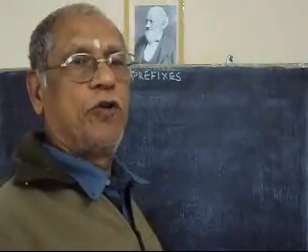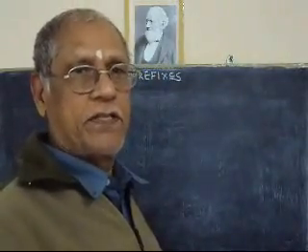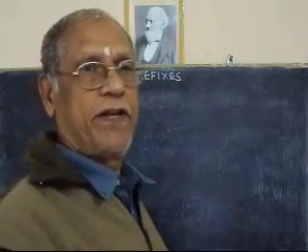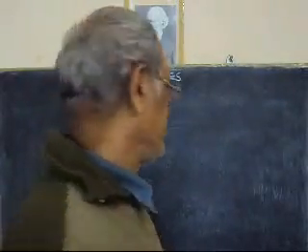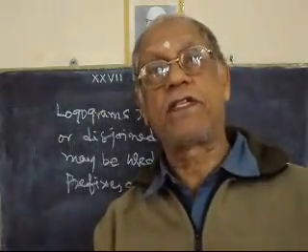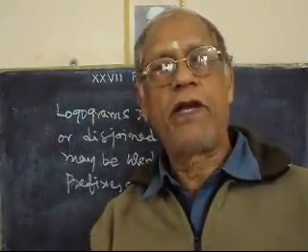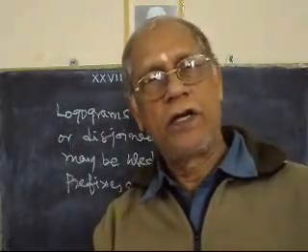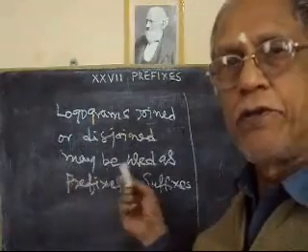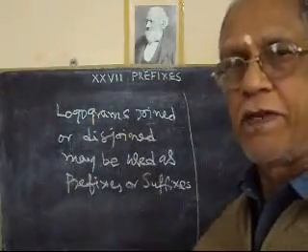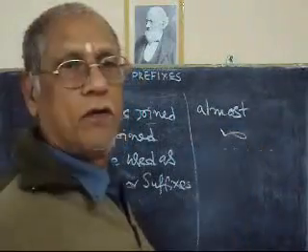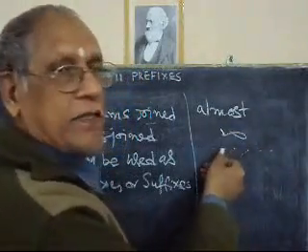Now, in order to make you understand what a suffix is relating to this chapter, I just explained it. Logograms joined or disjoined may be used as prefixes or suffixes. All, we know, almost, we can use as joined.